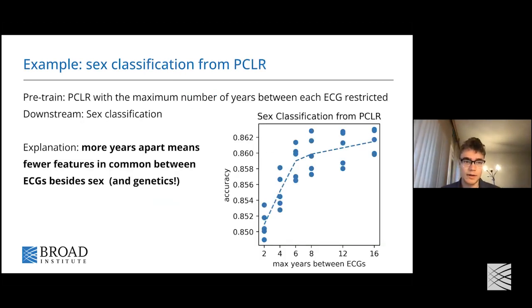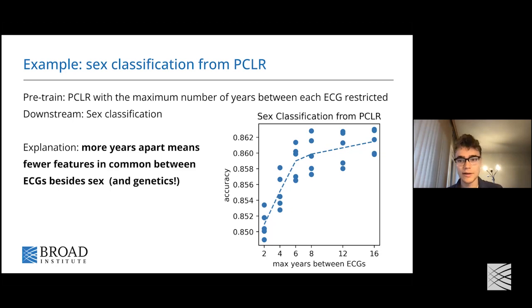Looking at this paper, we decided to do some experiments by slightly modifying the patient contrastive learning objective. The setup is that we take the patient contrastive learning objective, except we restrict the types of pairs that can end up in the training data for a bunch of our models.